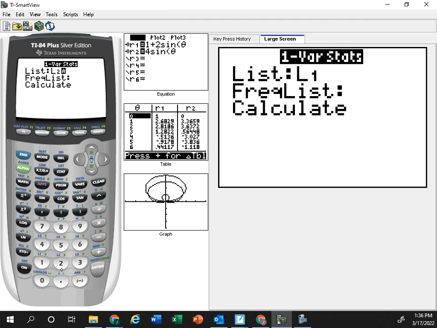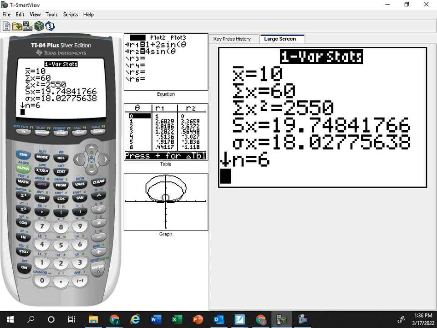So here, I care about my list 2, not my list 1. If I had probabilities that were different, whatever list I had them in, I'd put for frequency. But I didn't put that in.